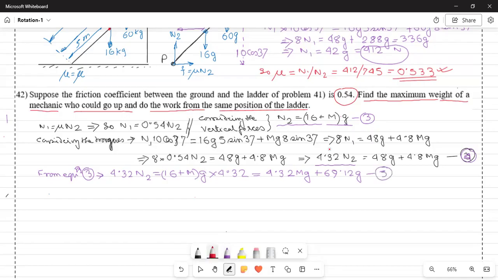Now look at this. Here we have got 4.32 N2 is equal to this, and here also 4.32 N2 is equal to this. So both right hand sides are same.